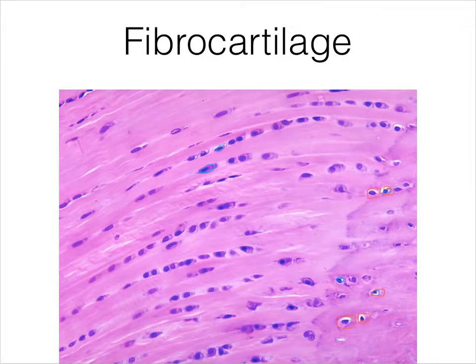And you will also often see the cells clustered together. So the cells in fibrocartilage are fairly dispersed. You don't see as many of them, but they tend to cluster up, and frequently, though not always, in lines. So you can see here's a cell, here's a cell, here's a cell, and they're all running down that line.